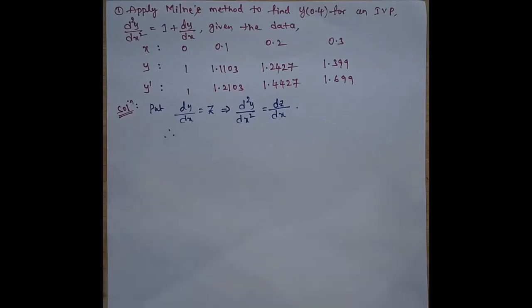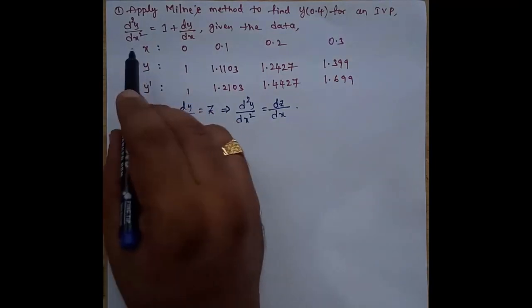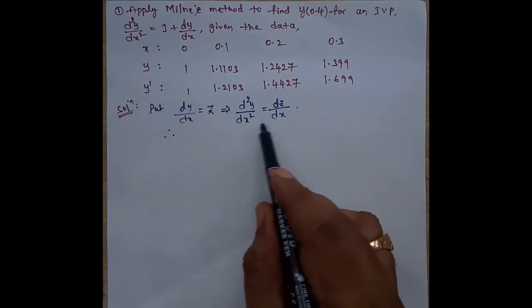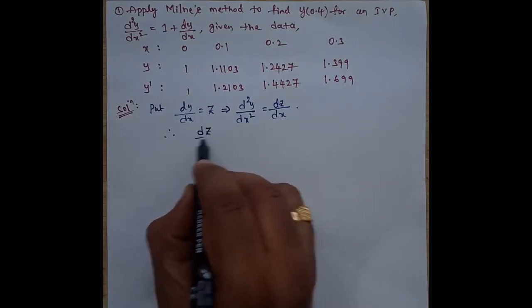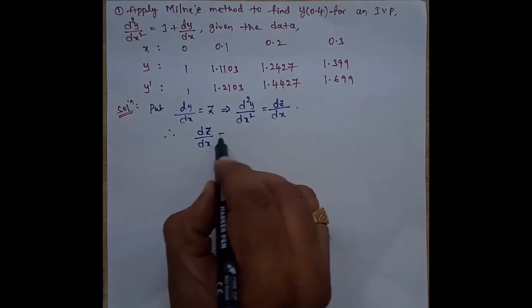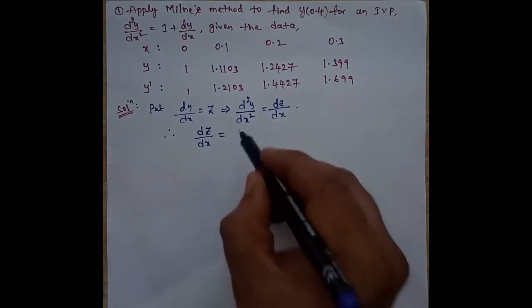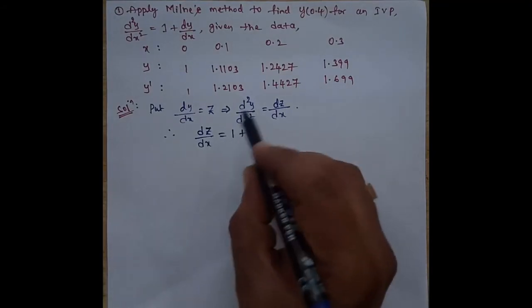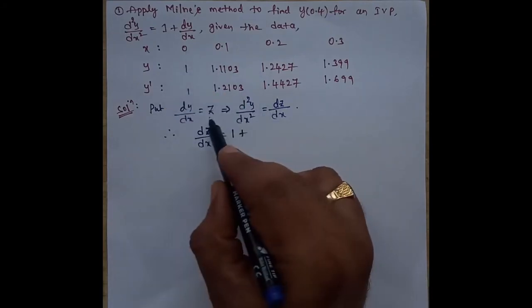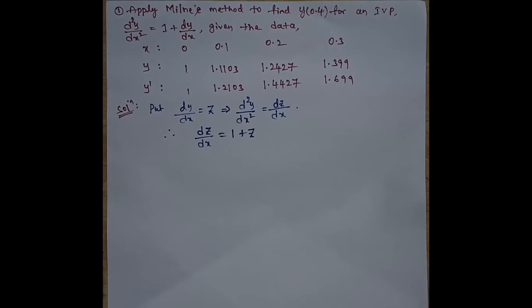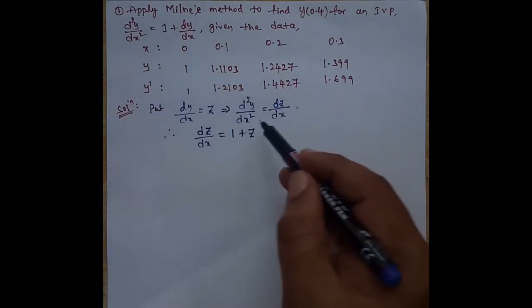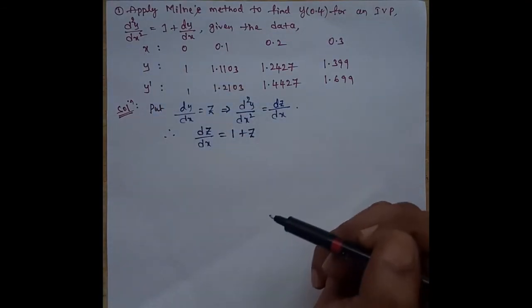Therefore, the given differential equation becomes: d²y/dx² can be written as dz/dx. So dz/dx is equal to 1 plus dy/dx, and what is dy/dx? z. So it is 1 plus z. The second order equation reduces to first order.